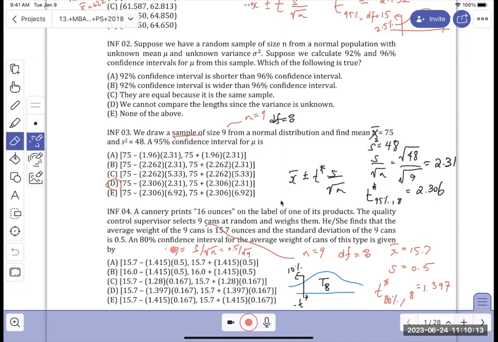Sorry, 167, this is 0.1. So which is the best answer?